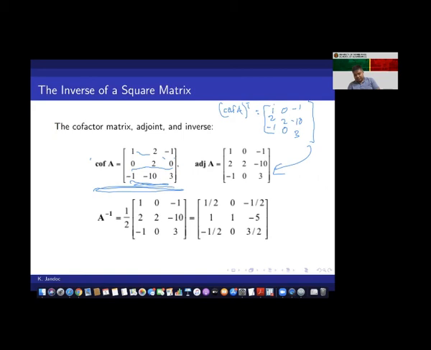The last part is determining the inverse.